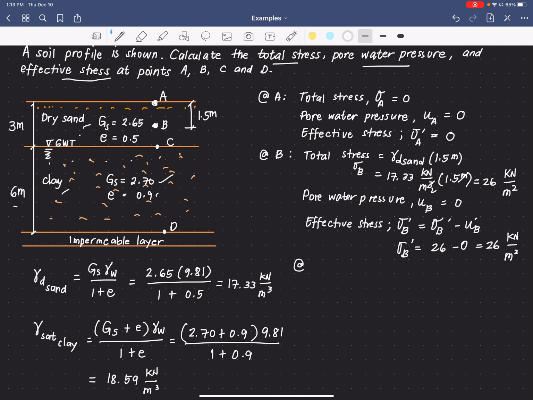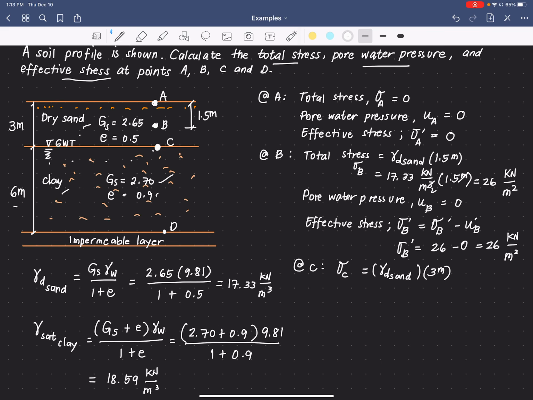Next we have point C. Let's say that this point is along the groundwater table. So we want to calculate the total stress at point C, and that would be equal to, we still consider the dry sand at this point, from the ground surface to point C, we have gamma dry of the sand multiplied by the depth, which is 3 meters.